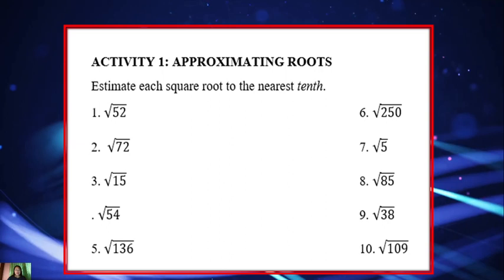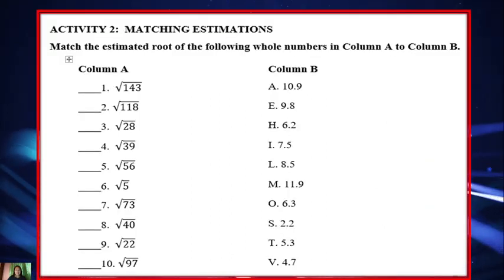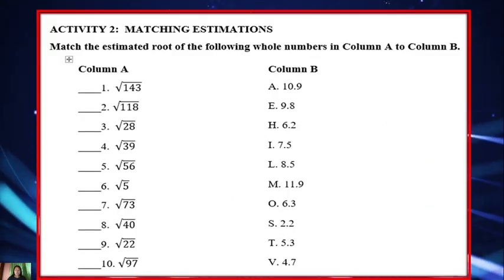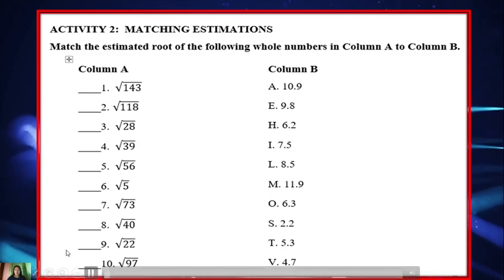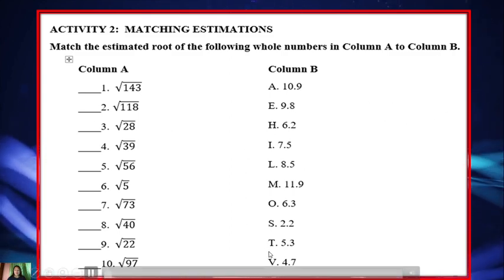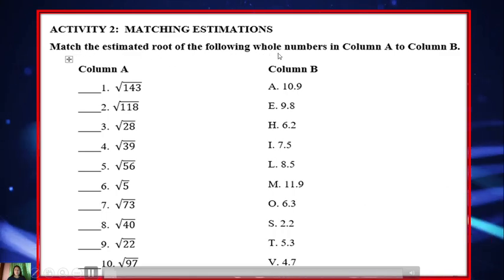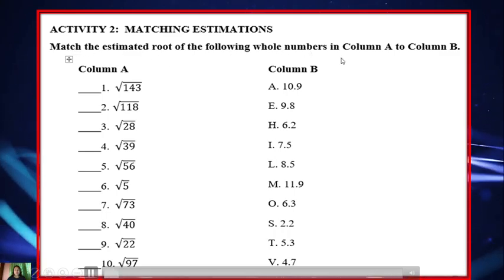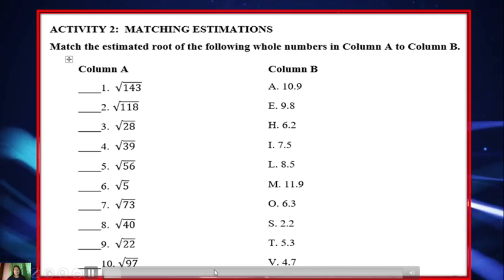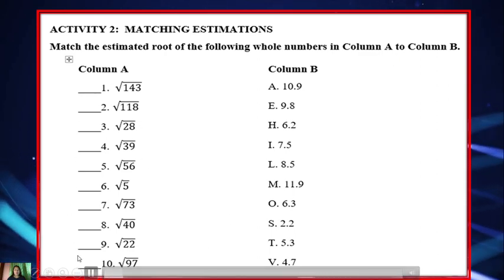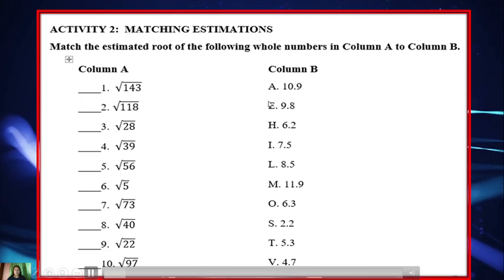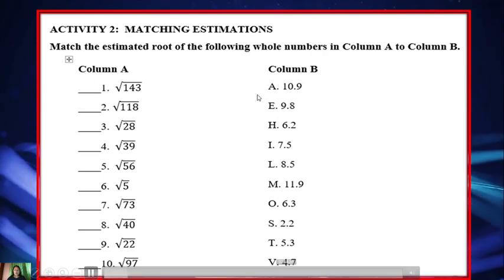Okay, final answer. And in activity 2, the same. But this time, you have choices. Okay? So you are going to match the estimated root of the following whole numbers in column A to column B. So from numbers 1 to 10, you write your right letters only.